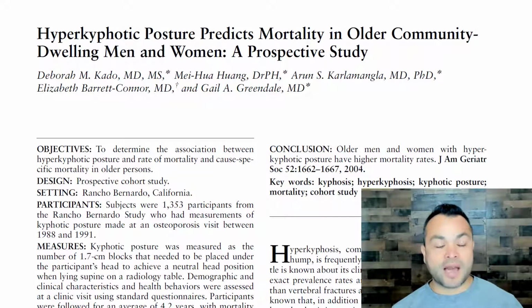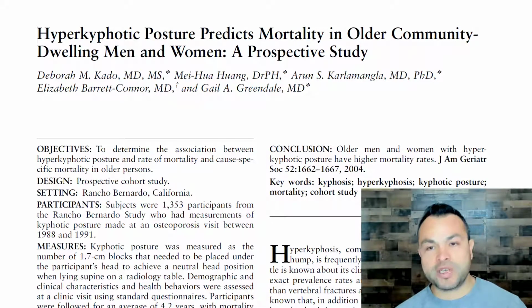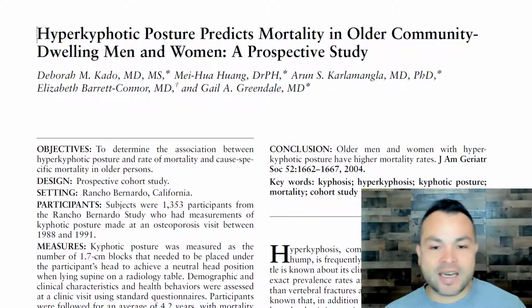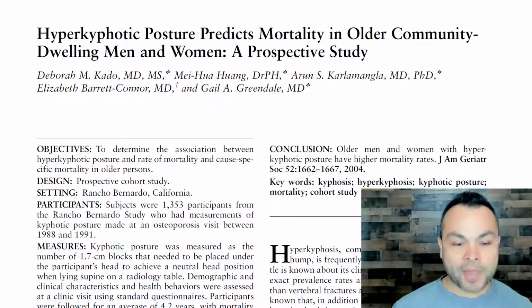Well, they discovered that hyperkyphotic posture, defined as requiring one or more blocks under the head to achieve a neutral head position while laying on their back, was more common in men than women. It was 44% in men, 22% in women. And that's important because a lot of times, usually it's women that are more concerned with this than men.